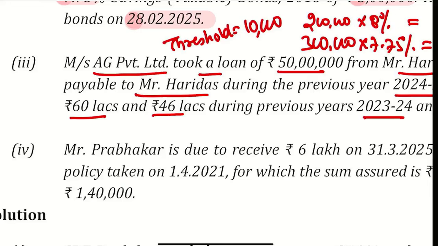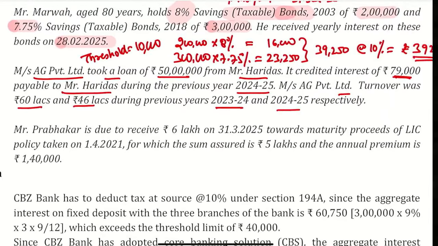My question to you is, do you see this turnover for everybody or only for individual HUF? Only for individual HUF. So guys, the examiner is confusing us by giving this turnover. It's a company. So company, whenever they are deductor, they are not small, they are not big.